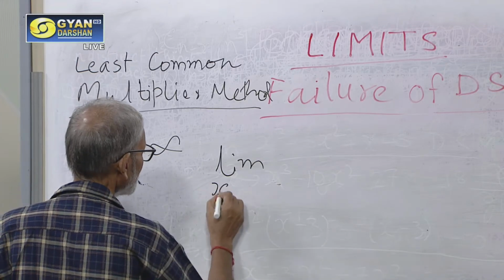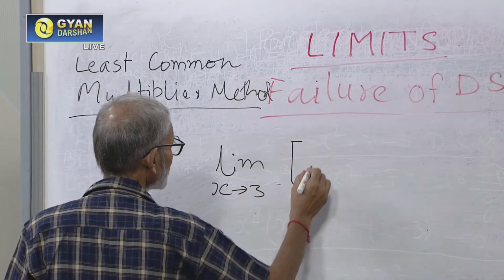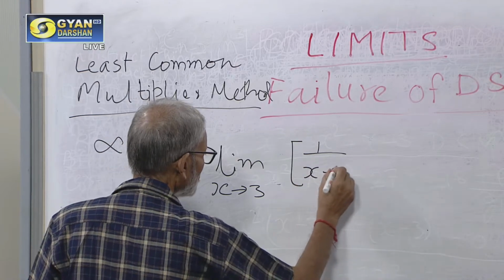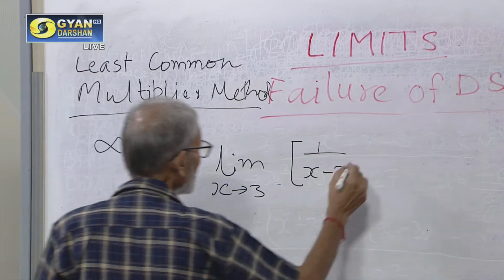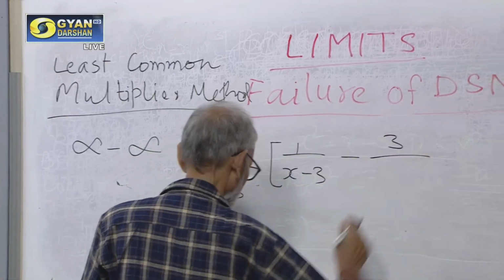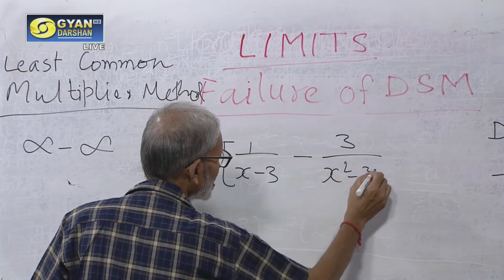Limit x tends to 3. Here we take simply LCM. These are very simple methods, so I am doing it quickly. x square minus 3x.